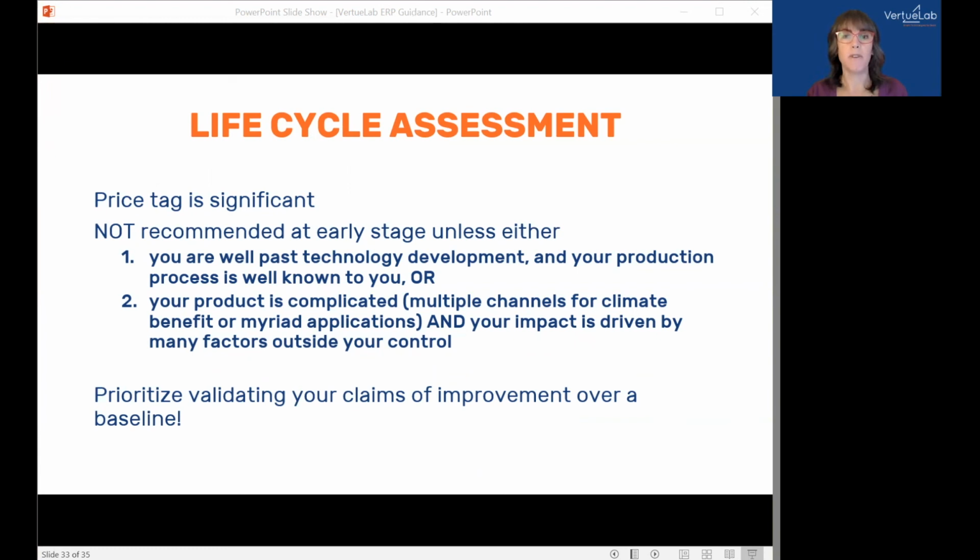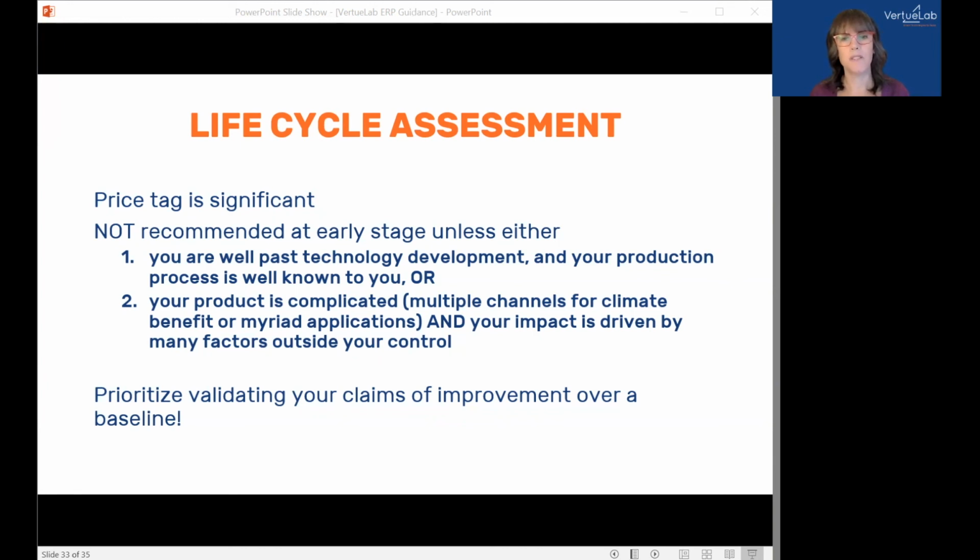Getting a full LCA of your product is really expensive and requires details about your production processes that you may either not have or have not entirely solidified yet. The only instances where we at VertueLab recommend paying for an LCA are when you're well past technology development and your production processes are well known, or where your pathway to making an impact is complicated and involves a number of different, equally important contributions to greenhouse gas emissions reduction.